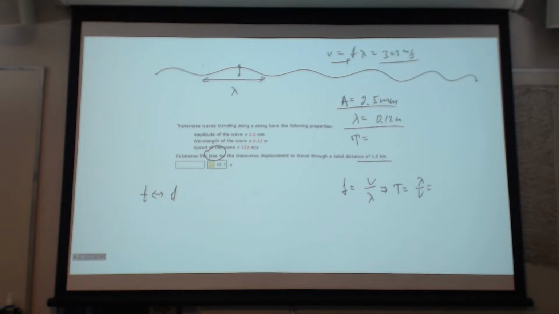So what we know is that, actually I want to ask you, if you wait exactly one period, what will be the distance traveled by this point? If you went exactly one period?